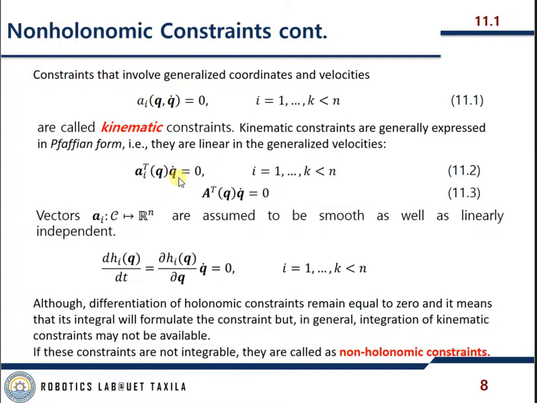You obviously cannot move your car sideways, but you can achieve the position and orientation sideways by going forward and then coming back and something like that. So this is a Pfaffian constraint 11.3. Let me go back to my slide.